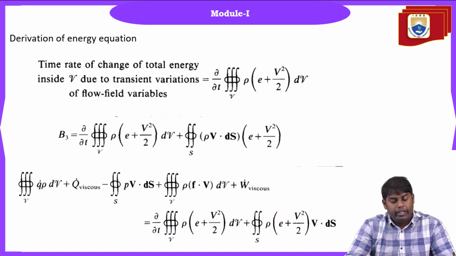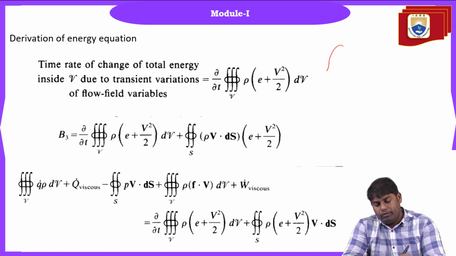Now, you can see the time rate of change of total internal energy due to transient variations in flow rate. When there is an interaction of work and heat with the system, you have this time rate of change of total energy inside the control volume.